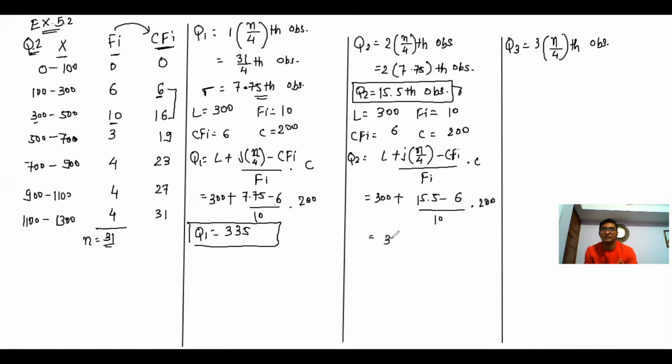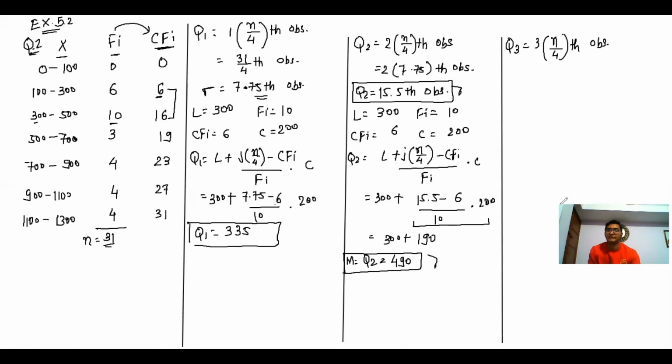So now here 300 plus, we have to solve this full equation and our answer will be 190. So the final answer for Q2 is 490. We can also say that it is M because the formula has a slight change, but the overall answer remains the same.